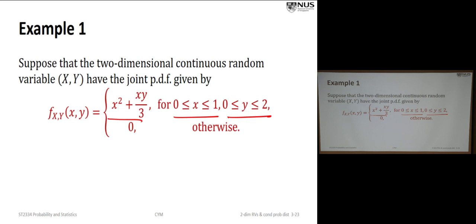So here, let's recall a joint PDF of x, y. X takes the value between 0 and 1, and y takes the value between 0 and 2. So this is a continuous random variable because both x and y take an infinite number of values within a certain region.